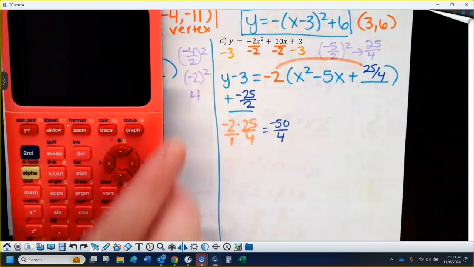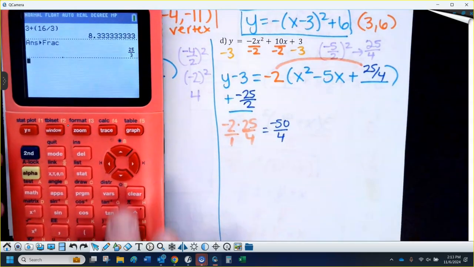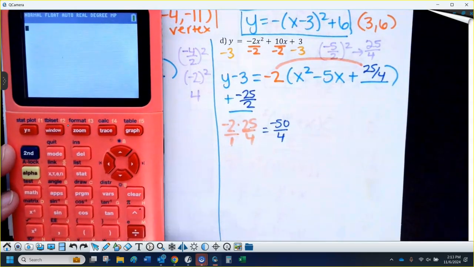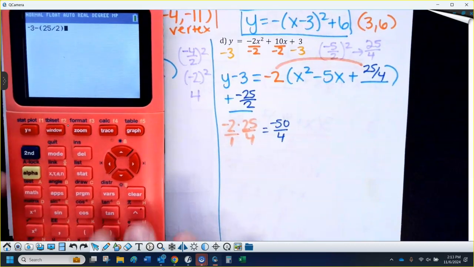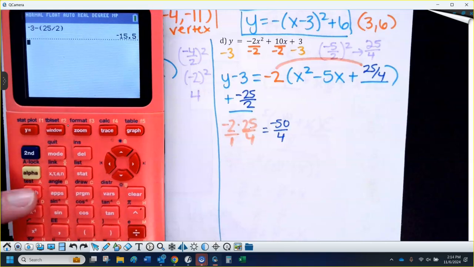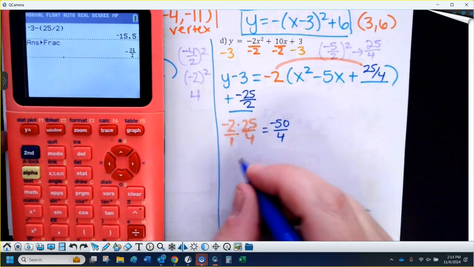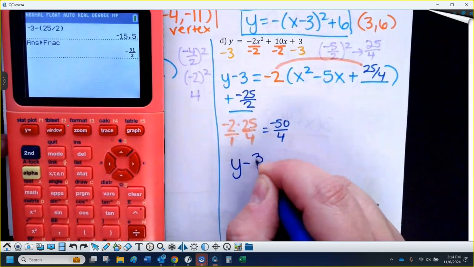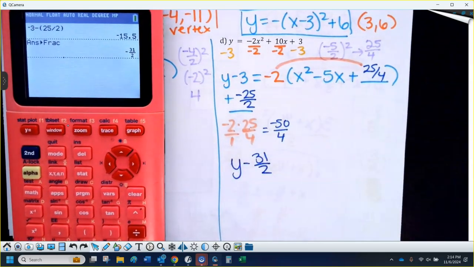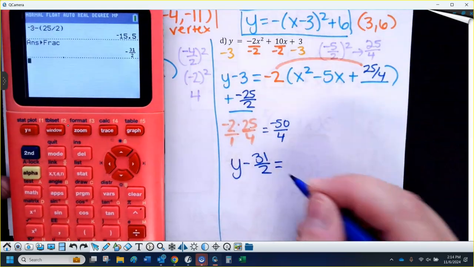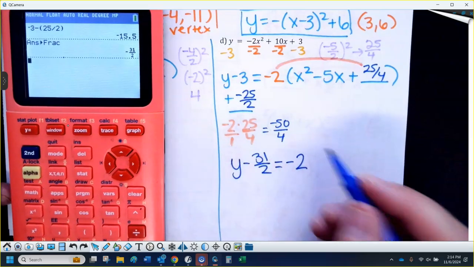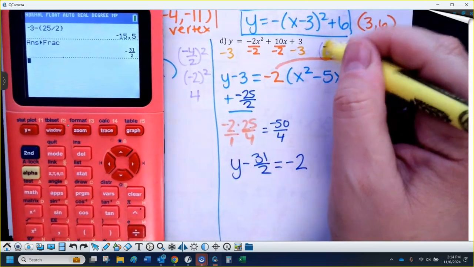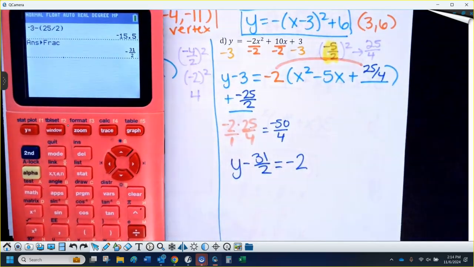Now, all I'm going to do is use my calculator, all right? So I'm going to use -3 and then minus, I'm just going to put this in parentheses, 25/2. And then I'm going to do my math, enter, so it'll give me a fraction there. So on this side you've got y minus 31/2, which just means the y coordinate of my vertex is a fraction. Fabulous, I'm not asking you to graph it. The factored form of this, I swear to you, whatever you squared, that should be the factor.